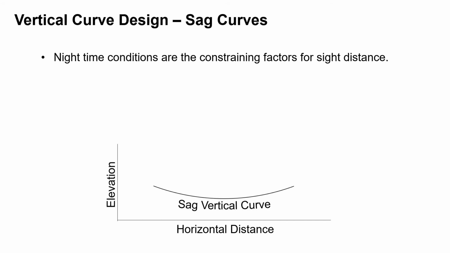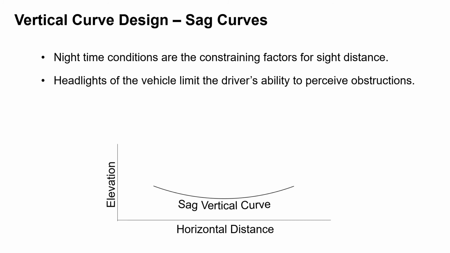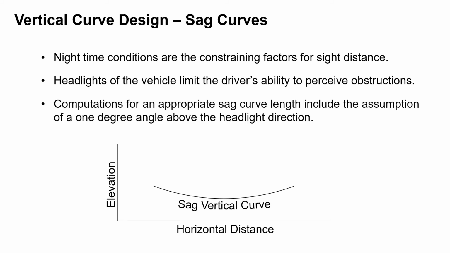So for sag vertical curves, though, nighttime conditions are the constraining factor for sight distance. What can happen is the headlights of the vehicle really are the thing that limit the driver's ability to perceive obstructions. And the computations for an appropriate sag curve length include the assumption of a 1-degree angle above the headlight direction.